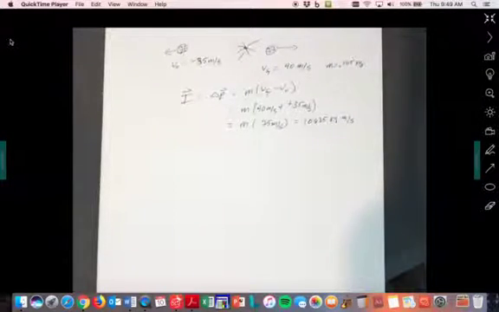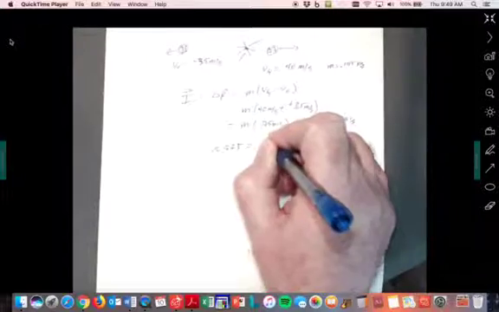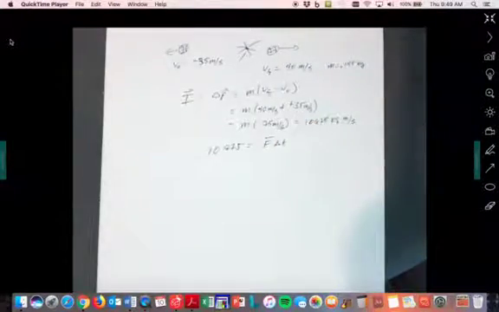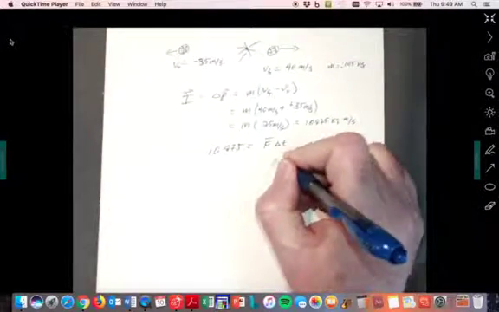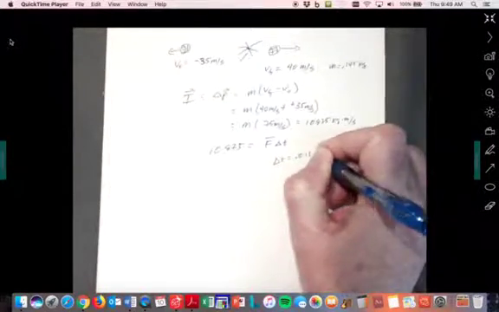Now, for the baseball problem, I'm interested in what the force is with which the ball was hit. So I've got this 10.875 equal to the average force times the change in time. So what's the average force? For the crack of the bat in Major League Baseball, delta t is equal to 0.011 seconds.